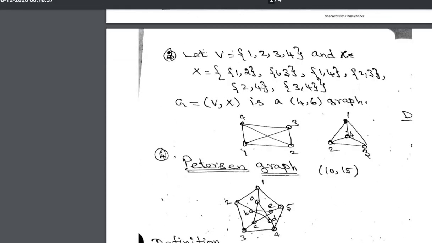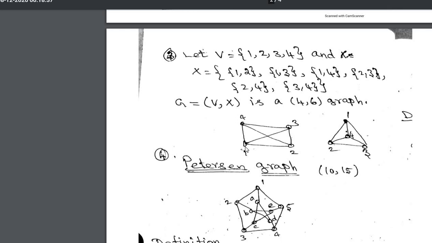So this is 4 elements we are having, and X is equal to 1 comma 2, 1 comma 3, 1 comma 4, 2 comma 3, 2 comma 4 and 3 comma 4. Now how many edges are we having here? 6 edges. So this graph G is a 4 comma 6 graph. We can draw the graph corresponding to these two details. So you are having 4 vertices.